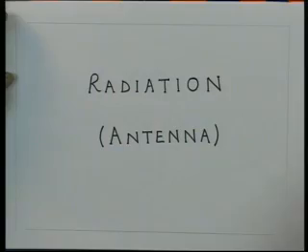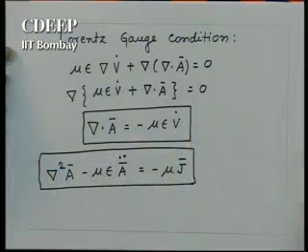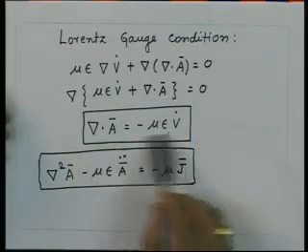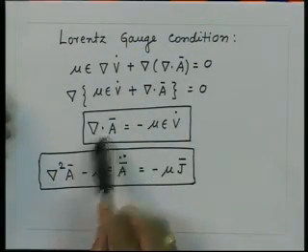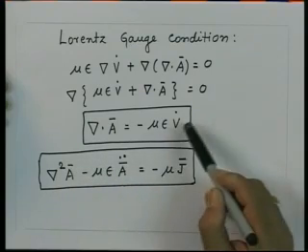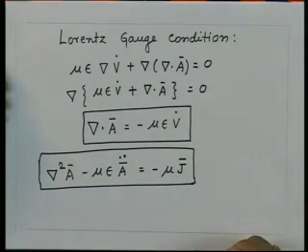So, today we will take off from there and try to solve the equation for the magnetic vector potential or electric scalar potential, and then from there derive the electric and magnetic fields. Yesterday we saw the Lorentz gauge condition, which relates the divergence of the magnetic vector potential to the time derivative of the electric scalar potential.